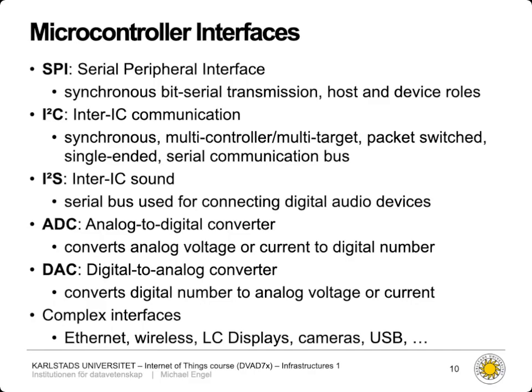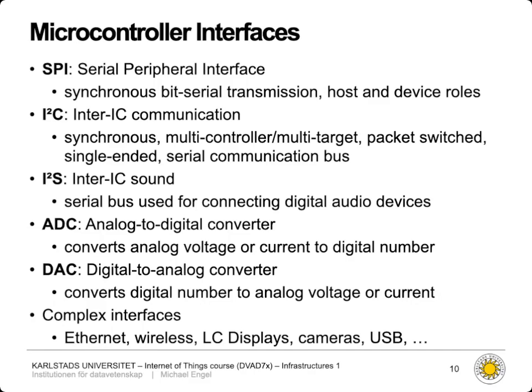For example, SPI can be used to connect a large number of sensors. We see some sensors that use SPI, but you can also connect an SD card as storage using an SPI interface. A competitive interface to SPI is the so-called I2C interface, which was invented in the 1980s by Philips.